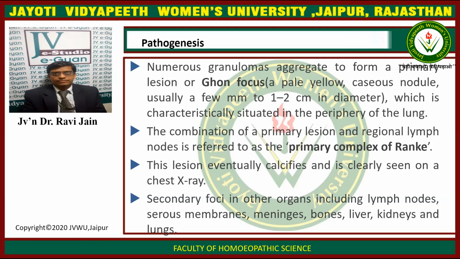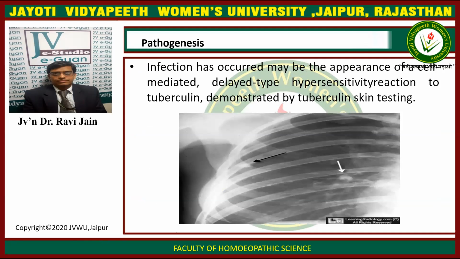Secondary foci in other organs include lymph nodes, serous membranes, meninges, bones, liver, kidneys, and lungs. After infection has occurred, there may be the appearance of a cell-mediated delayed type hypersensitivity to tuberculin, demonstrated by the tuberculin skin test.